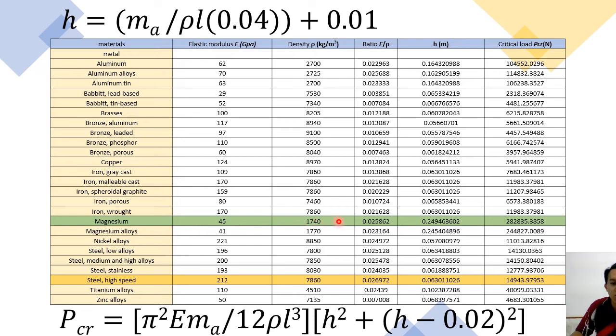And here we can see that magnesium, with ratio 0.02562, has the highest critical load among all the metals in table 3.1, which is 282835.3858 Newton.